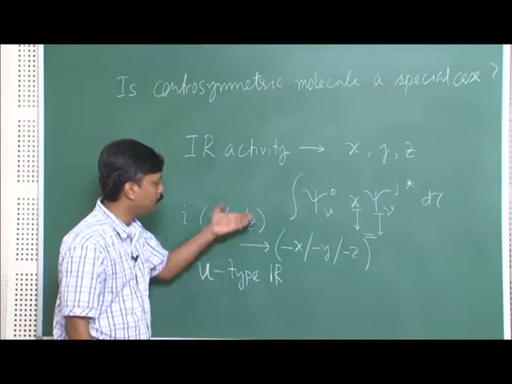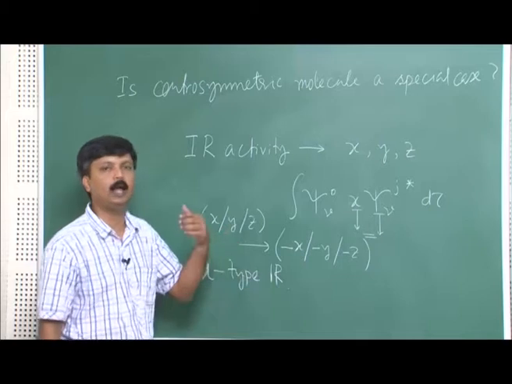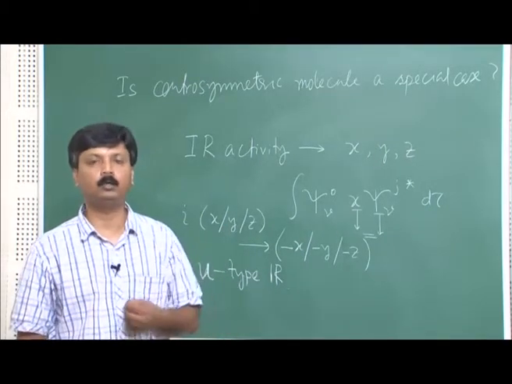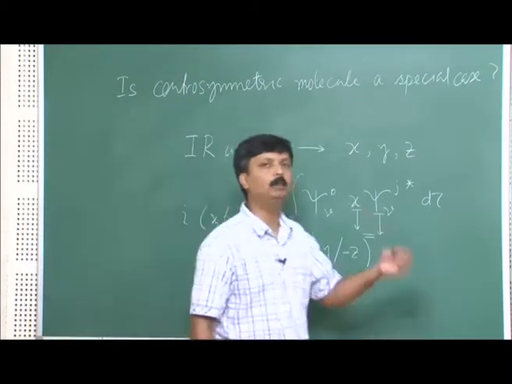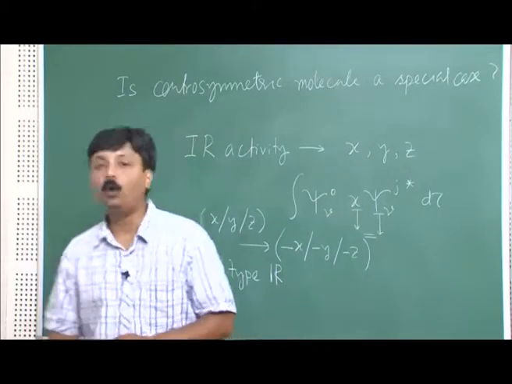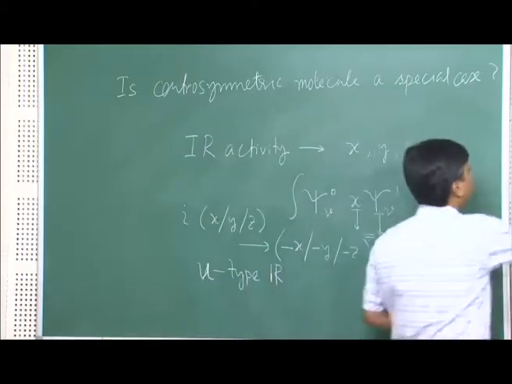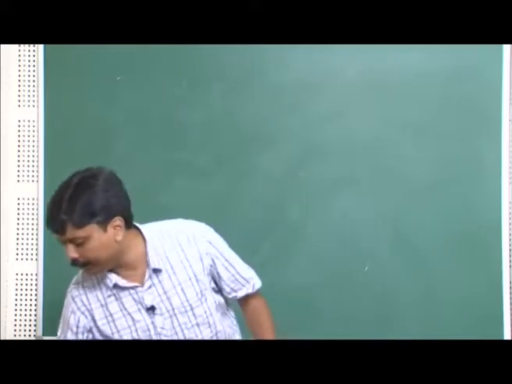Therefore, I do not have to think about having such exclusion. This kind of mutual exclusion is possible only in case of centrosymmetric molecules. So this is indeed a special case.